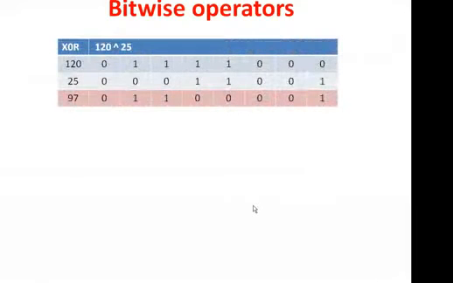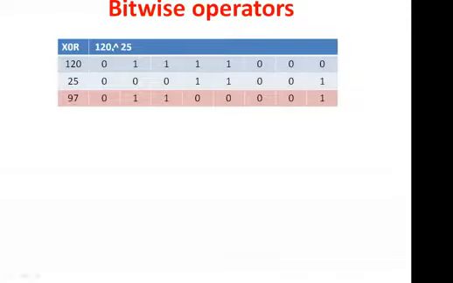So the next one is exclusive OR. Its principle is that both the bits have to be different to give the result as 1. So you can find that the first set is different, so we got the end result as 1, whereas these things are the same, so we got the result as 0 here.